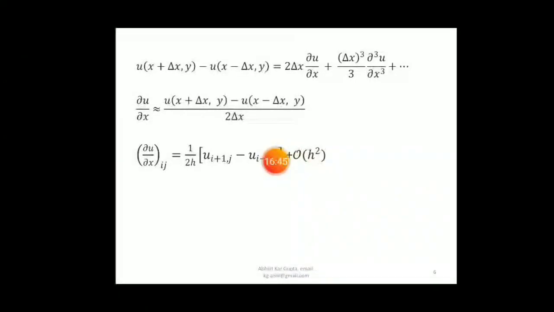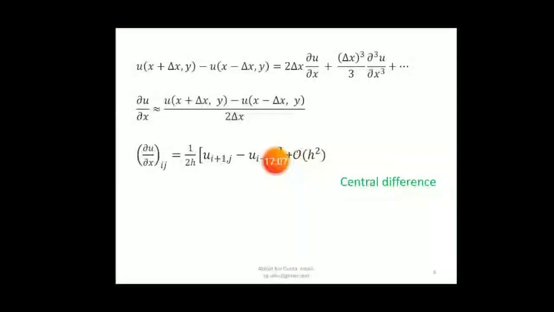So with the central difference formula we have derived, the error is minimized because the error is of the order of h square. Of course, remember h is less than 1, so h square is even smaller. So this is called the central difference formula.